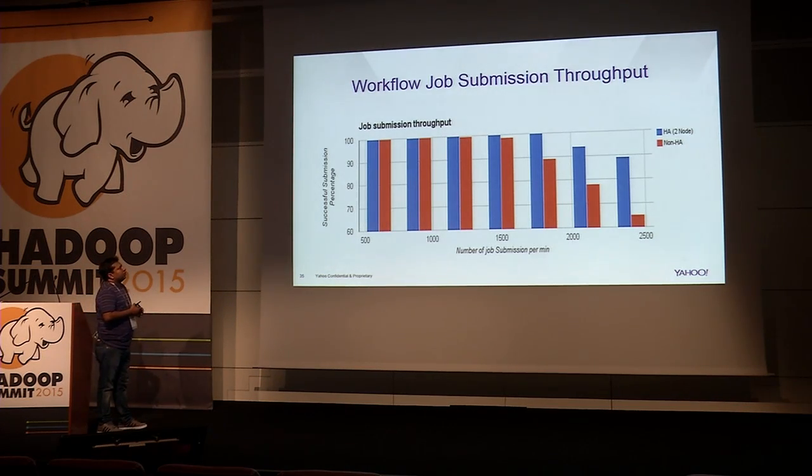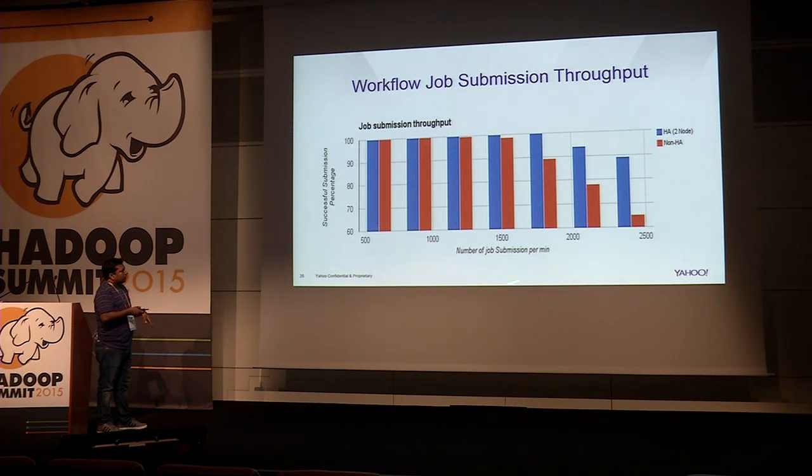To collect some performance metrics, we took an HA and a non-HA environment, and started submitting jobs, increasing the number per minute. HA here is a two-node cluster. 500 job submissions per minute was fairly okay for both environments. 1,000 also no problem.